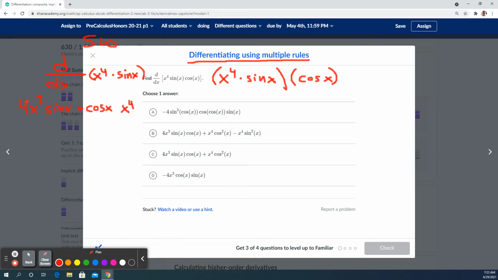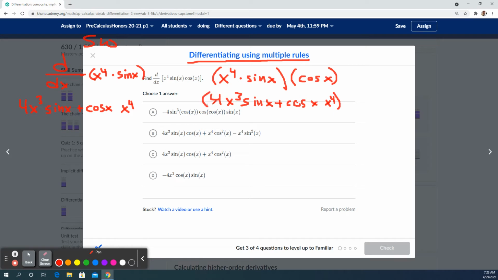All right, that wasn't too bad. But notice I definitely wouldn't try layering this in my head. It's a lot of layers already. So the derivative of the first is this. That'd be 4x cubed sine x plus cosine x. I probably should have put that x to the 4th right there. That'd have been easier. That's fine.